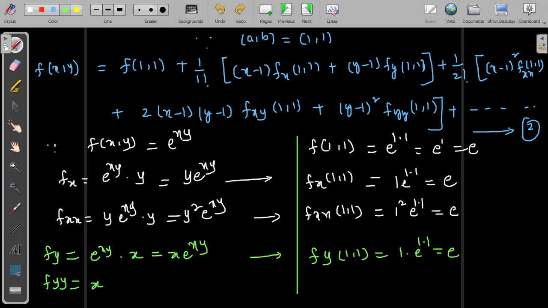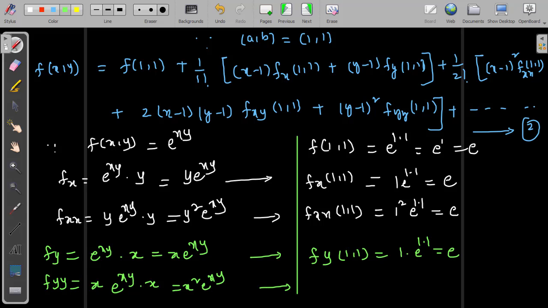When you differentiate e power xy, you get e power xy multiplied by the derivative of xy with respect to y. The y derivative with respect to y is 1, so you are left with x. So finally you will get x square times e power xy.